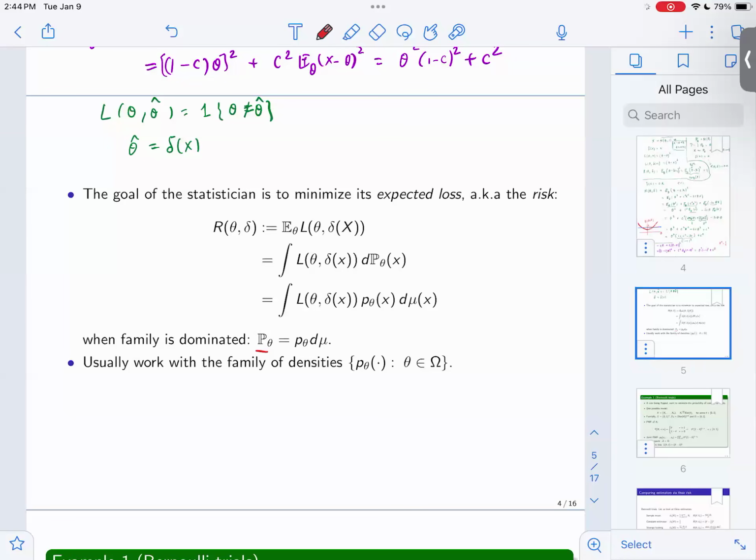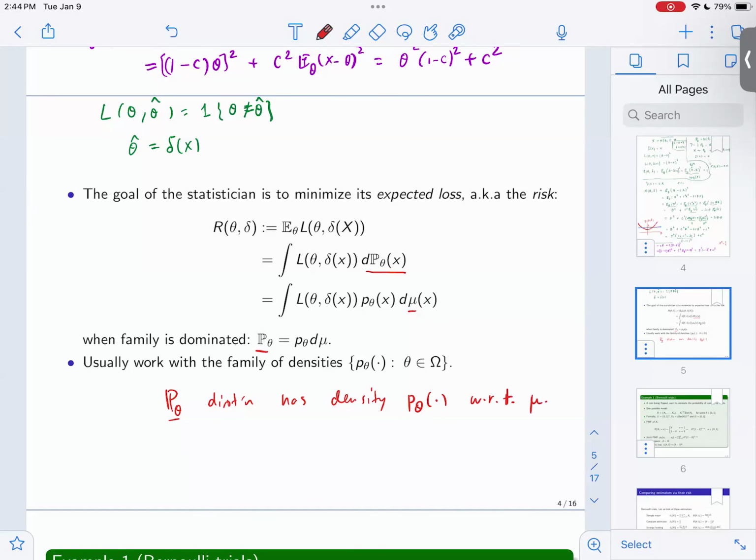But hopefully you have seen some measure theory. So there is an underlying measure mu, which is fixed and doesn't depend on theta, and all these P thetas have a density p theta with respect to mu.